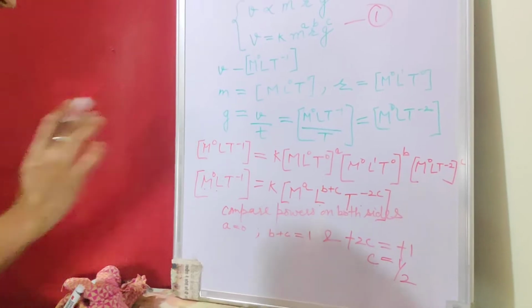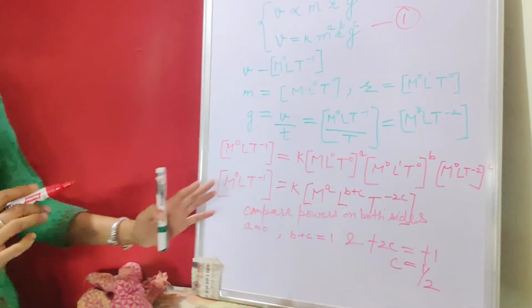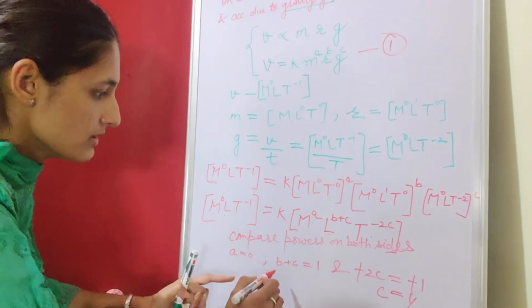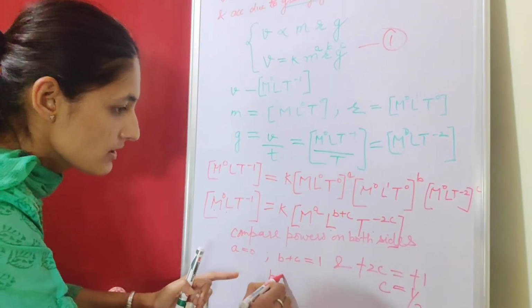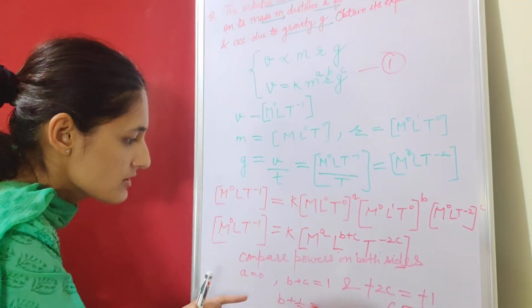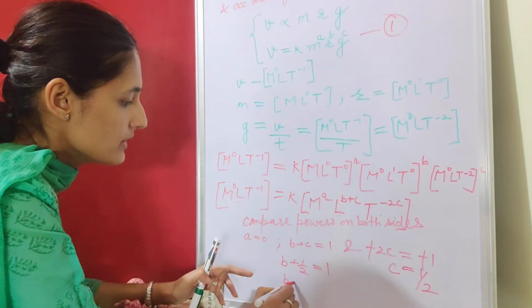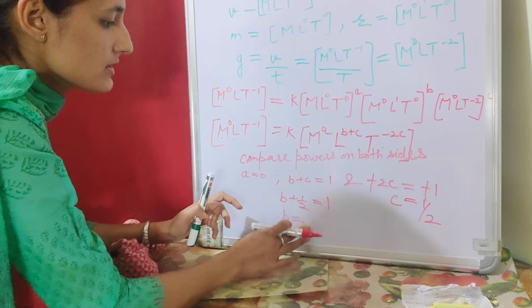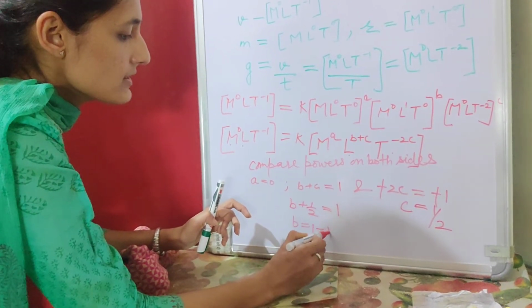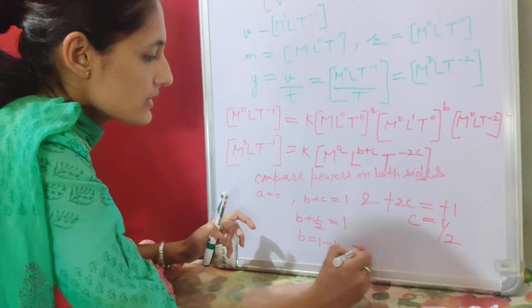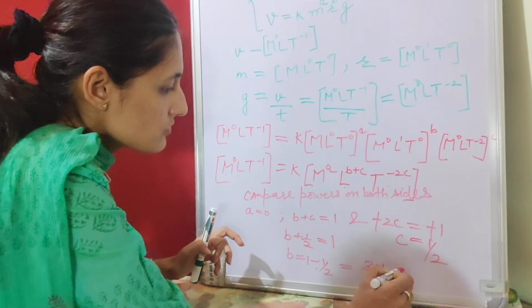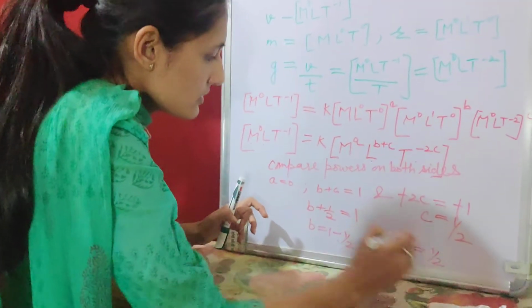And a is 0 only. To find the value of b, you can put the value of c in this. b plus half is equal to 1. b is equal to 1 minus half. So take LCM 2: 2 minus 1, 1 by 2.